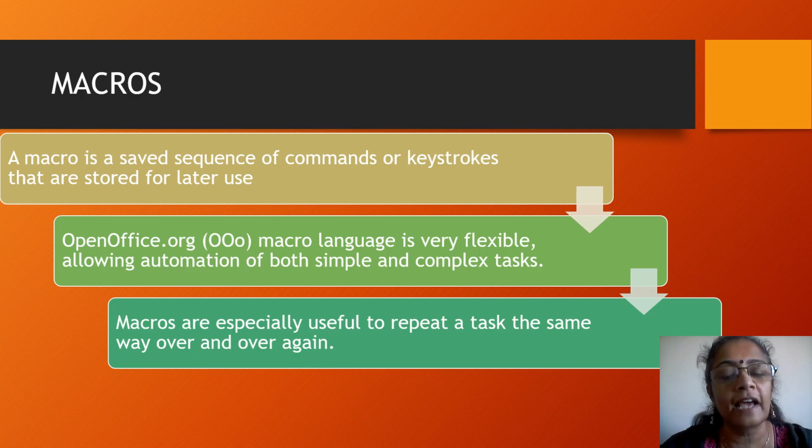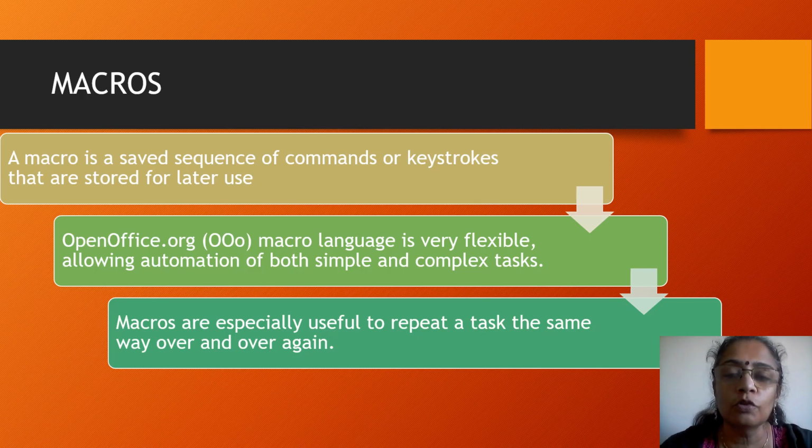So whatever our repeated commands or keystrokes are, they are recorded together and placed as a macro. Now, the OpenOffice.org macro language is very flexible, allowing automation of both simple and complex tasks.